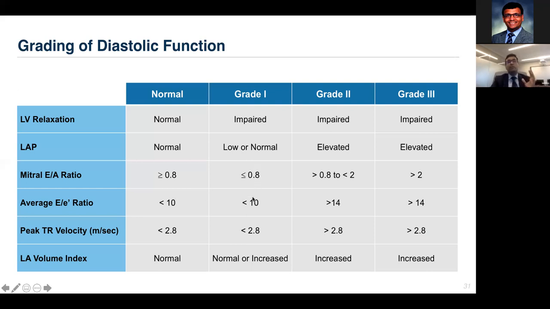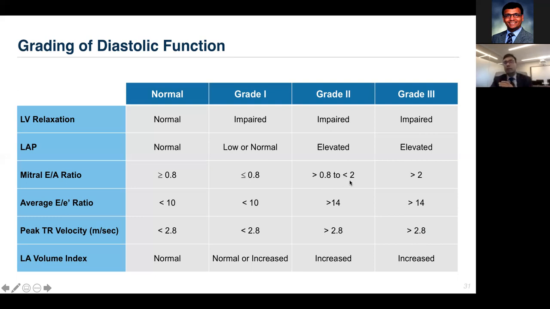If this is accompanied with a normal E by E prime ratio, a normal TR velocity, a normal LA volume, then you know that this patient doesn't have elevated filling pressure and this patient has grade 1 diastolic dysfunction. If 2 or more of these are abnormal, even if the E by A ratio is less than 0.8, then it could be an elevated filling pressure, and you go into grade 2.